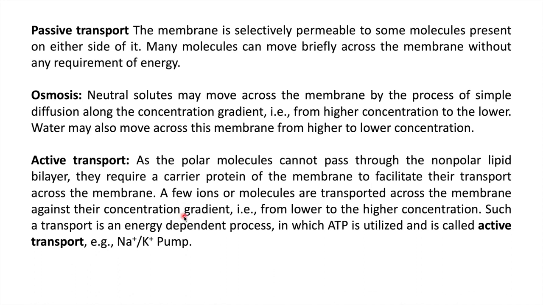So if you are moving some molecules or ions against the concentration gradient, you definitely require some kind of energy. In the cell, this energy is taken from ATP. ATP is adenosine triphosphate. So this process is called active transport, and for example, for transportation of sodium and potassium, sodium-potassium pumps are present in the cell.